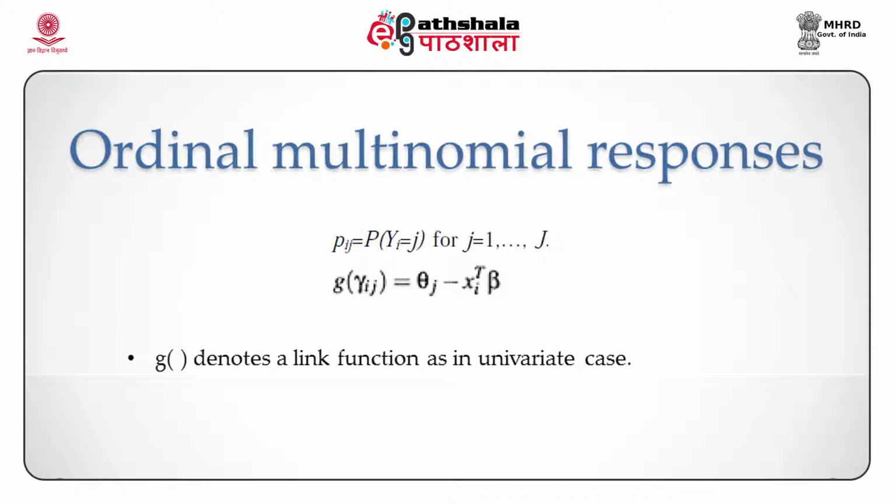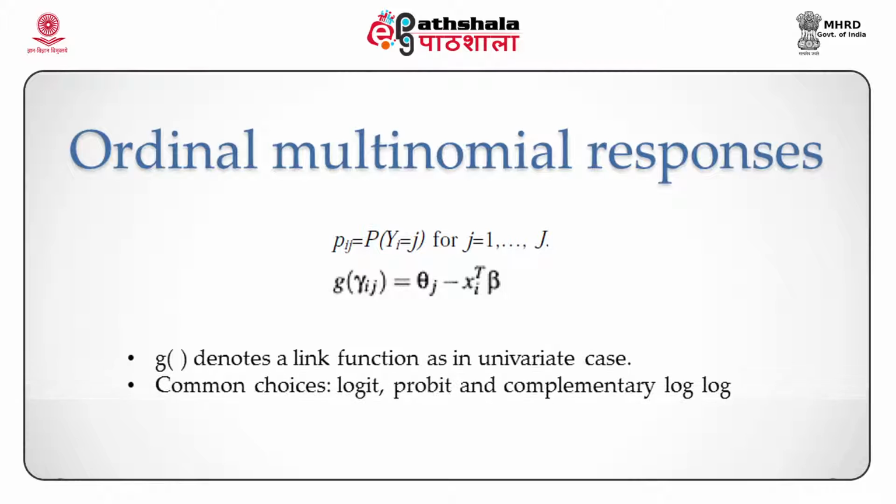So here g denotes a link function as in the univariate case. Common choices are the logit, probit, complementary log-log, again as was used in the univariate case. And we shall see on a later slide that there is a generalization of the binary choice argument which provides a latent variable framework for the use of the model given on this slide.